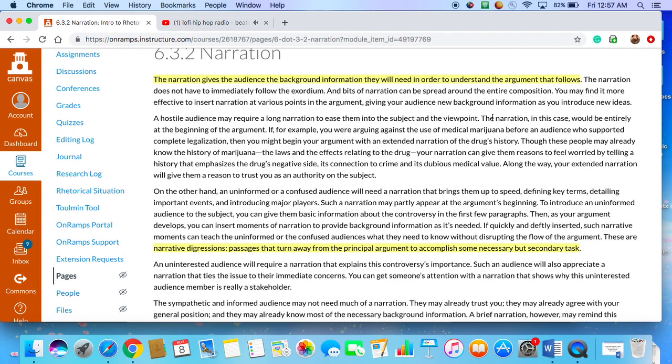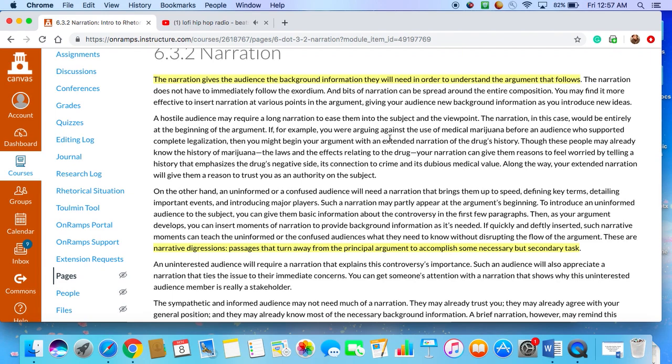So if you're talking to somebody who supports legalization and you're talking about not legalizing the entire drug as a whole, then you don't want to just outright start with, oh, here's my brief history, we need to keep marijuana outlawed. They're going to automatically be turned off by your argument.